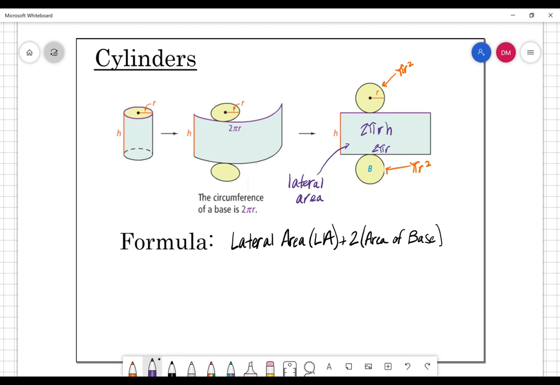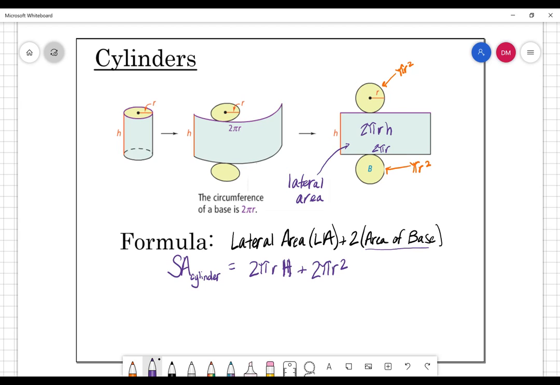So, specifically for cylinders, to find the surface area we take our lateral area, which is 2 pi r h, and I'll explain the capital in just a second, plus 2 times the area of the base, which for a cylinder is pi r squared.